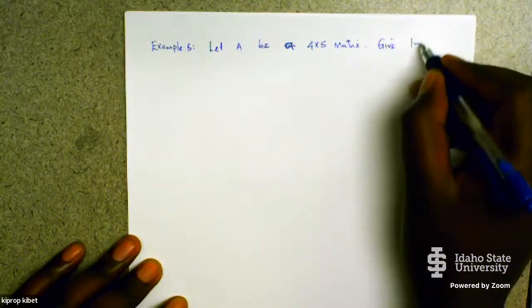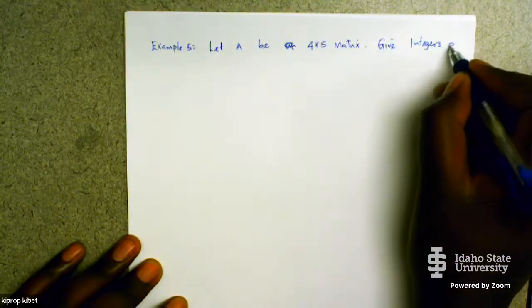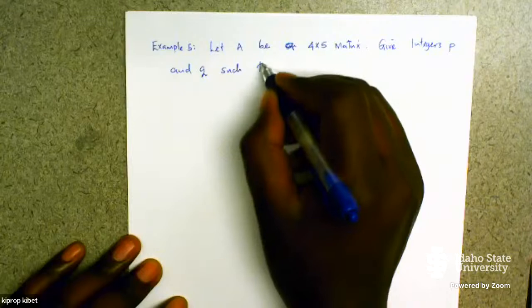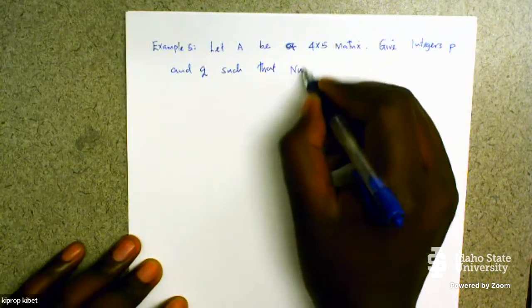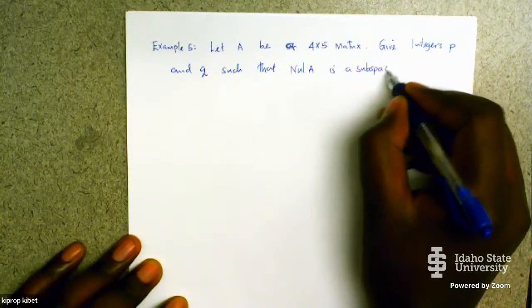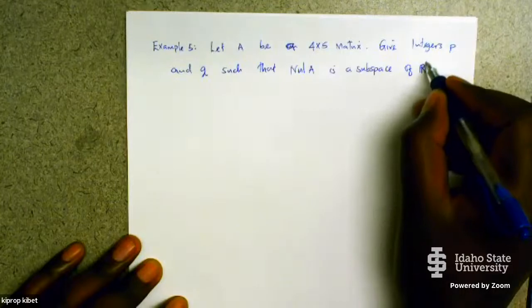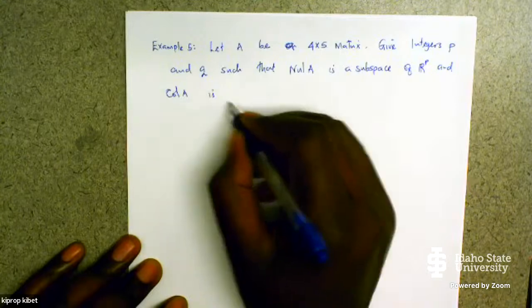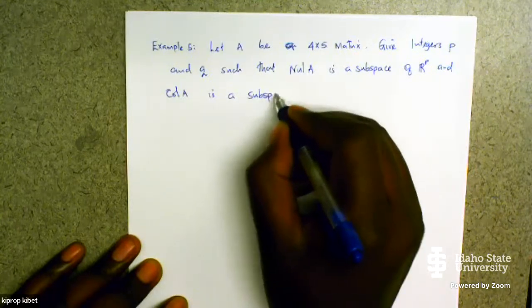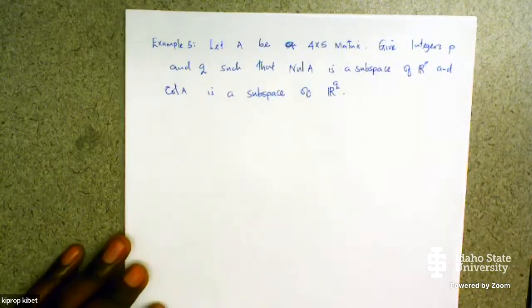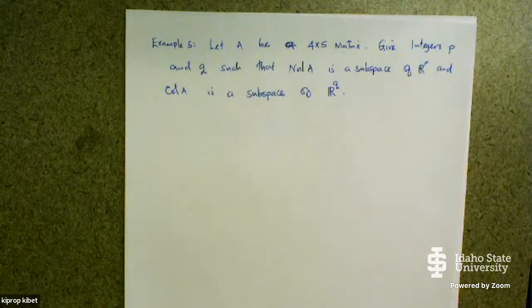Give integers p and q such that the null space of A is a subspace of R^p, and the column space of A is a subspace of R^q. So what are p and q?